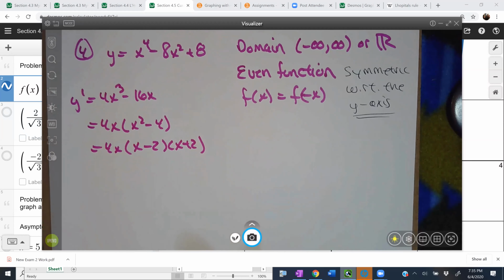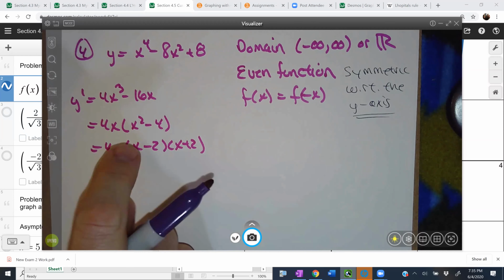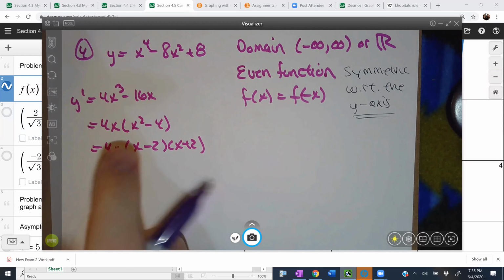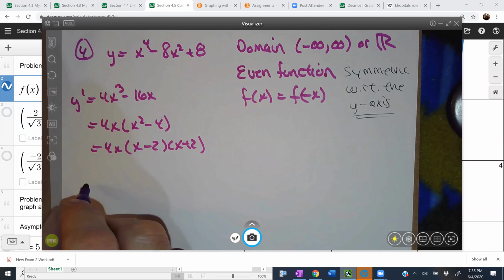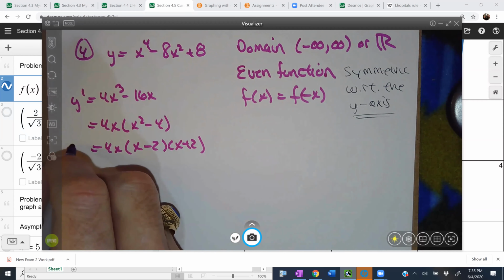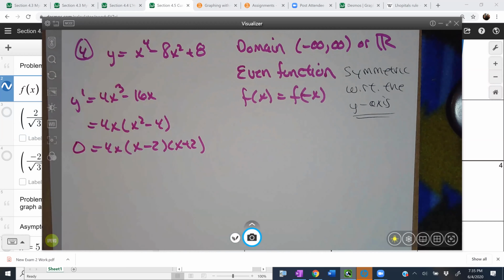And okay, that's good. But what does that tell us? Well, if I knew where it's 0, that might be something interesting.